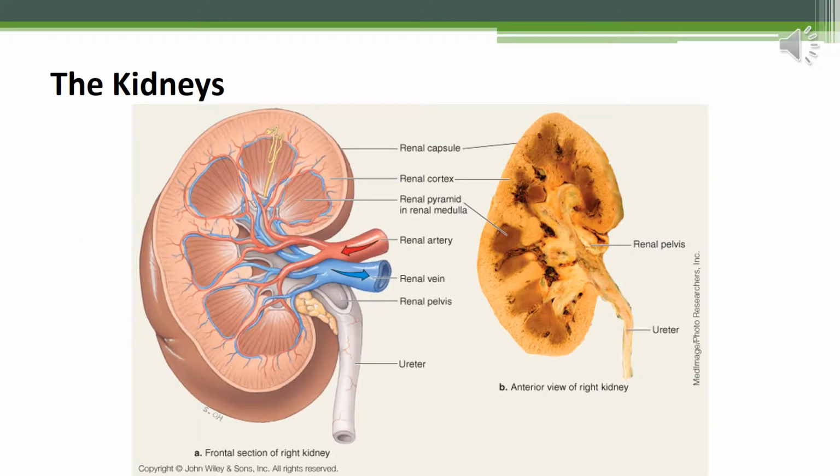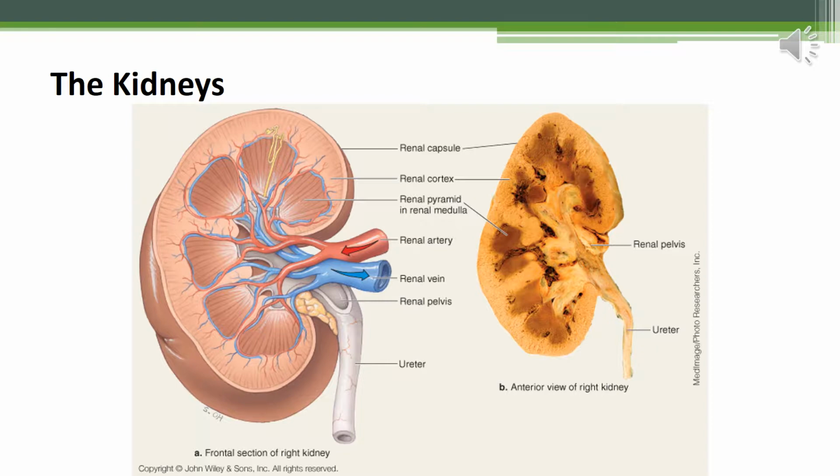Here's a diagram which really simplifies what I just said. So we have the renal capsule, which is this membrane that encloses and encircles the kidney. Then we have the renal cortex, which is right beneath this capsule, and it's supposed to be grainy and solid, like I said. And then we have the renal pyramids, which are pretty easy to see because they're these darker pyramid or triangular shaped structures.